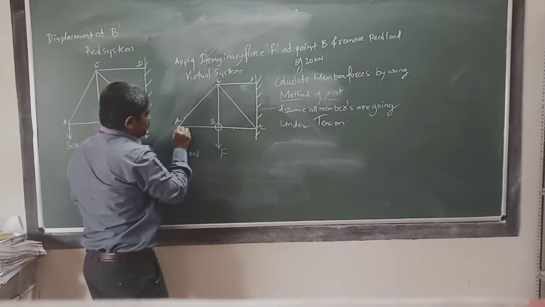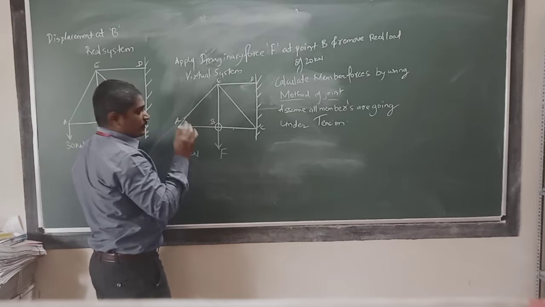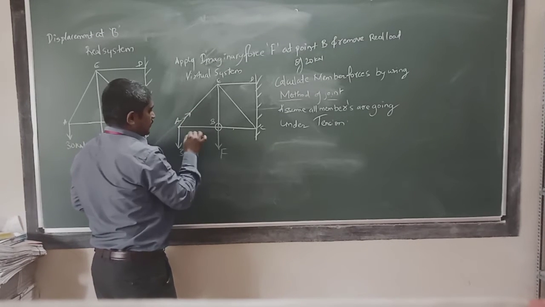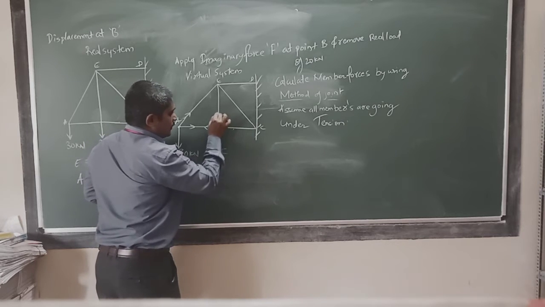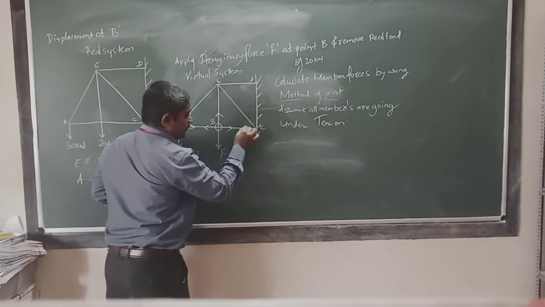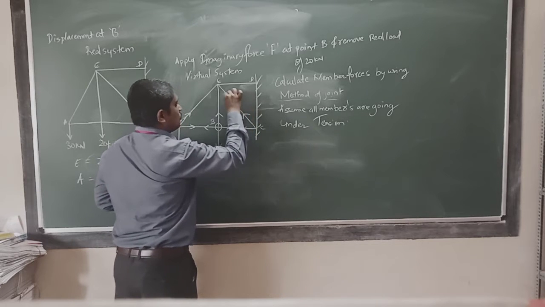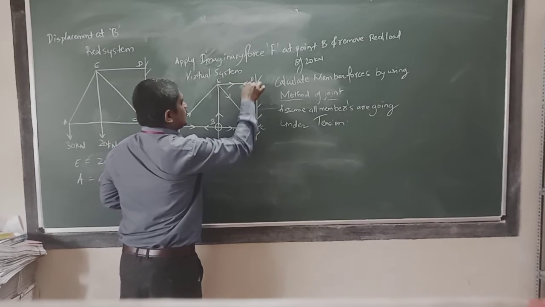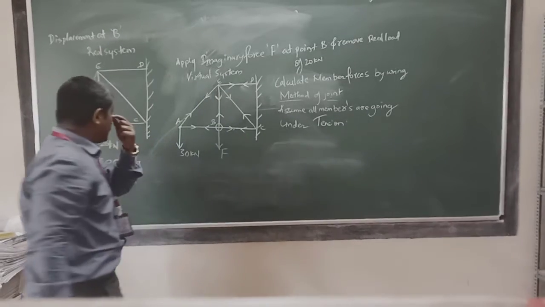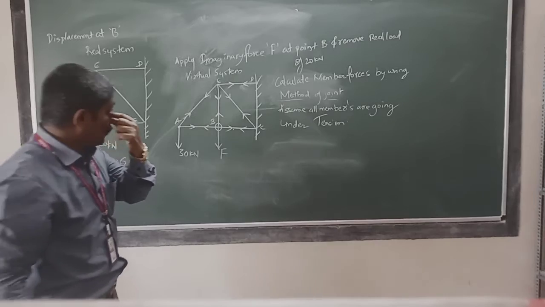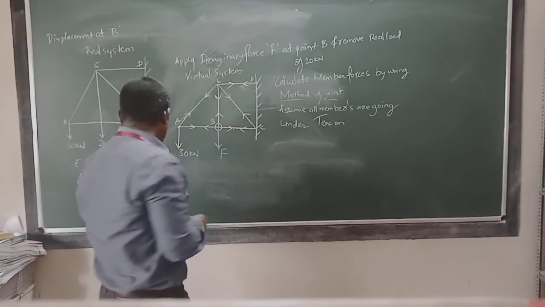Consider the joint, not the member: away from the joint is tension. Consider joint B, away from the joint again. If I get a negative answer, then my assumption was wrong. This is the method of joints I am adopting here.